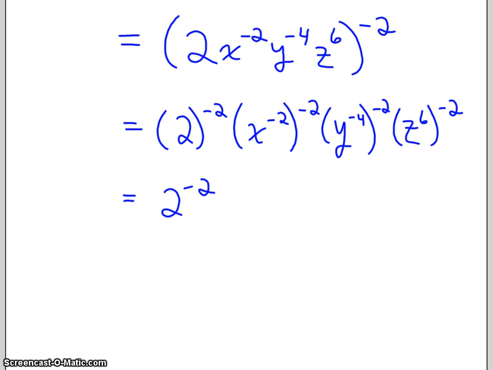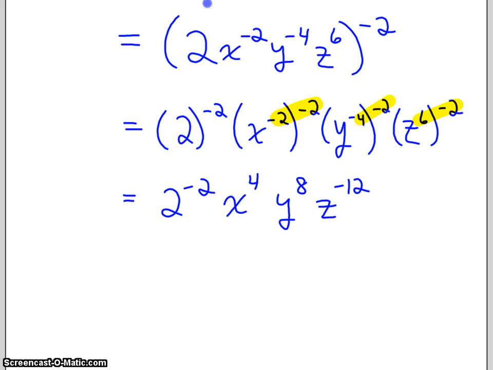Now right here, this x to the negative 2 raised to the negative 2, that's a power of a power. We need to multiply. Same thing here, same thing here. So now it becomes x to the positive 4, y to the positive 8, z to the negative 12.